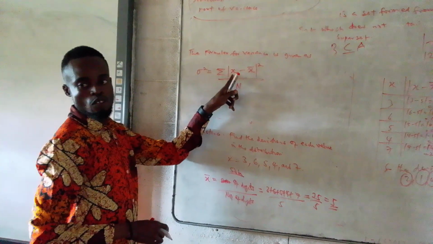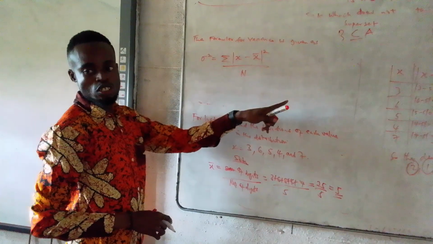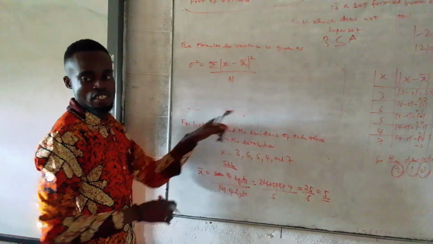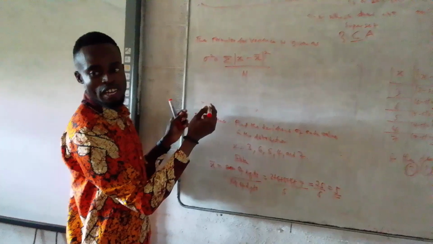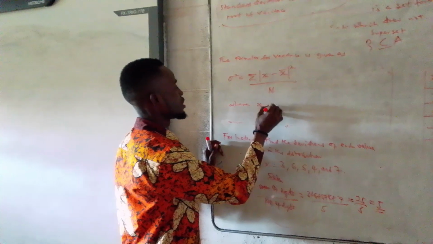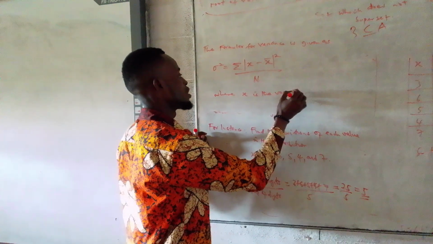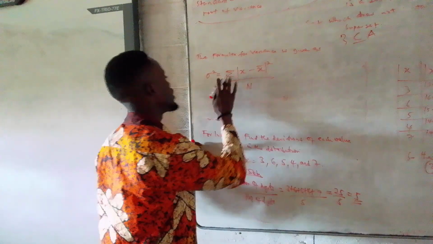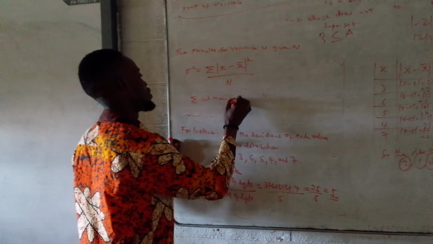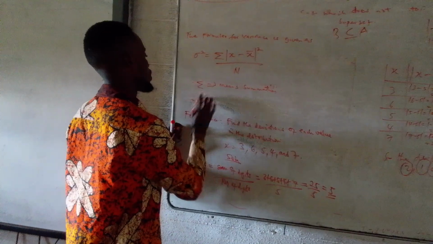X involved. That's the number of values involved in the distribution, or in the set of values given. Then this x bar is the mean, right? This symbol means summation.